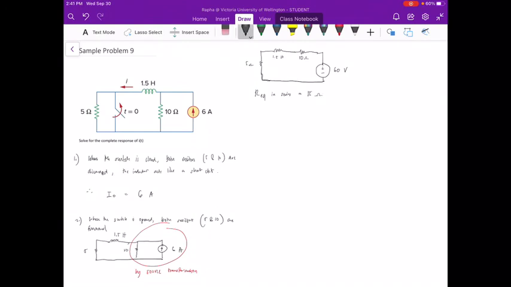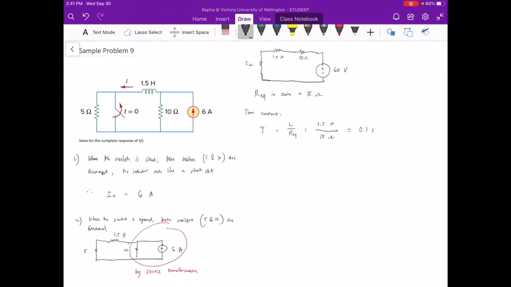Now our time constant tau is equal to L over Req. We have 1.5 henries over 15 ohms resistor. Then that is equal to 0.1 seconds.